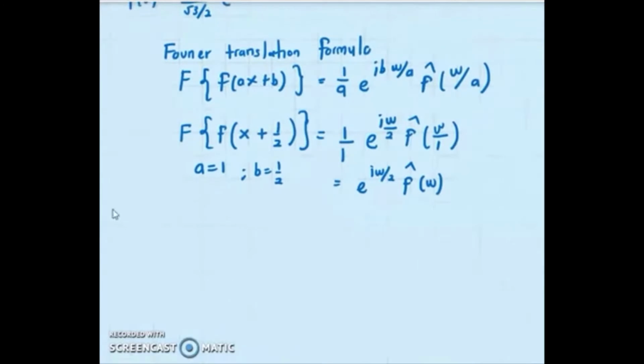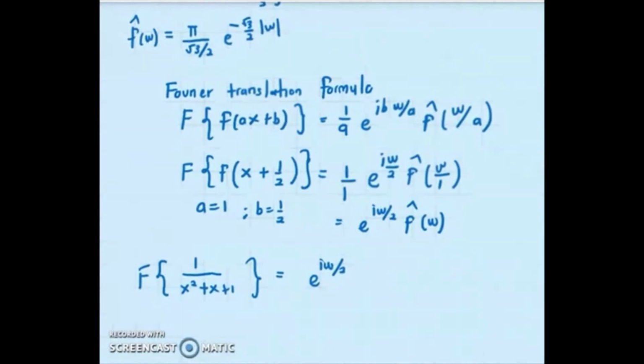Therefore, the Fourier transform of 1 over x squared plus x plus 1 is given by e to the i omega over 2 times f hat of omega, which is pi over square root 3 over 2 e to the negative square root 3 over 2 omega.